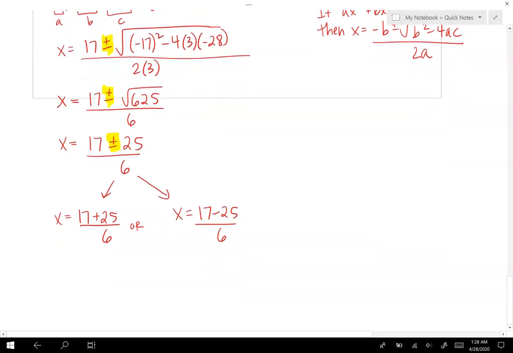And we'll just calculate those out. 17 plus 25 is 42, so 42 over 6, so x is 7. Or x equals negative 8 over 6, or x equals negative 1.3 repeating.